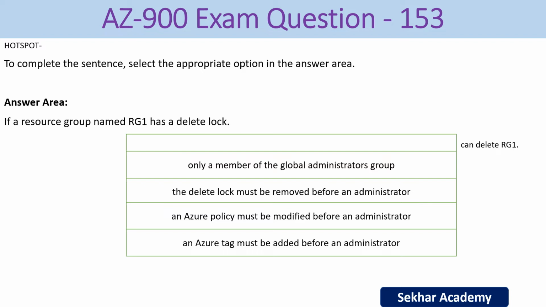So the resource group named RG1 has a delete lock, but how can you delete RG1? The right answer is: the delete lock must be removed before an administrator. So that way you can delete it even though the resource group has a delete lock. So the right answer: the delete lock must be removed before an administrator.